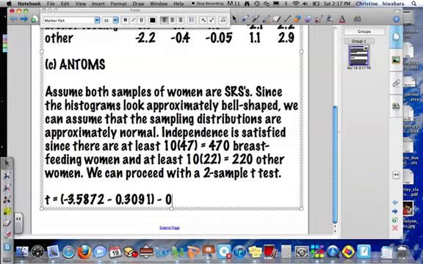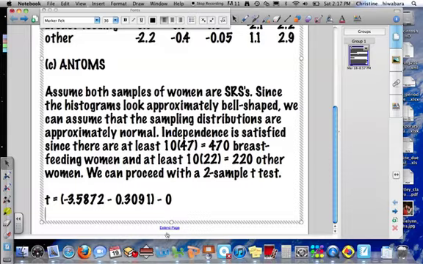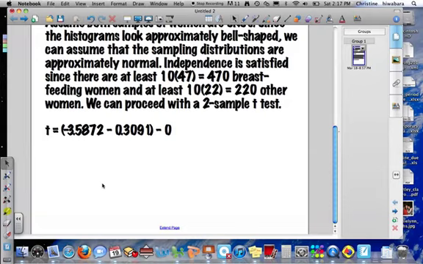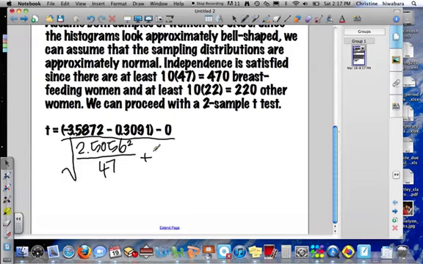Okay, and this is all going to be divided by the square root of 2.5056 squared divided by 47, and add the 1.2983 squared divided by 22.